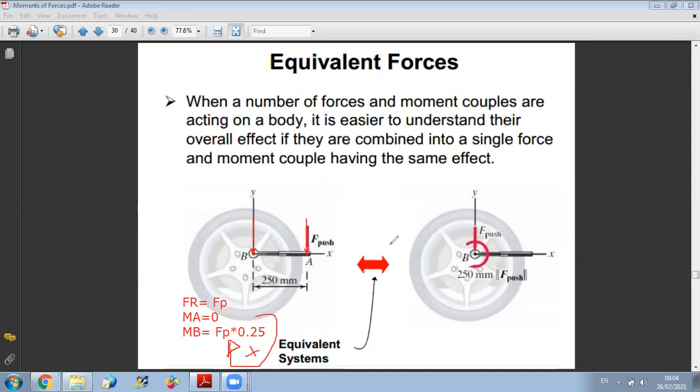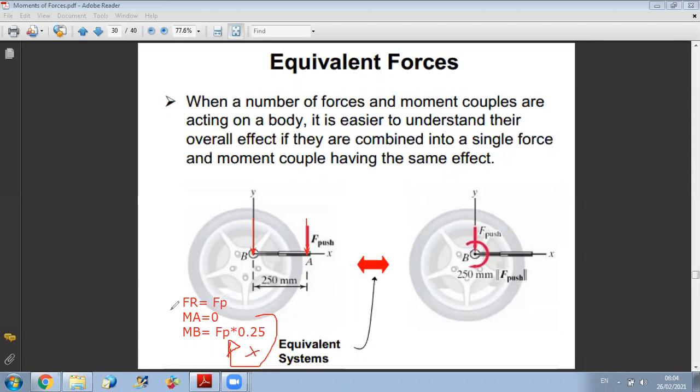Now, let us try to move the force to B, but still have the same characteristics. If I want to have an equivalent system, I should add the moment of the force about B. Why? Because when I put the force at B, it cannot produce any moment about B anymore.